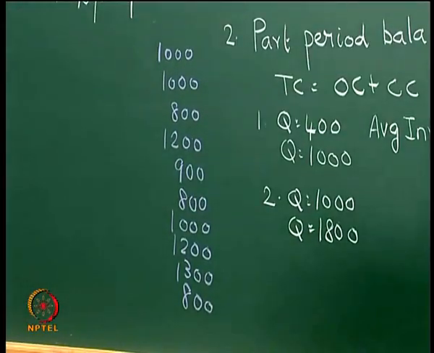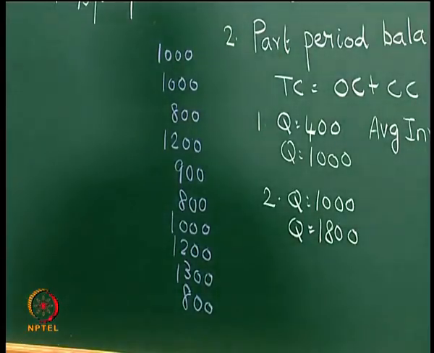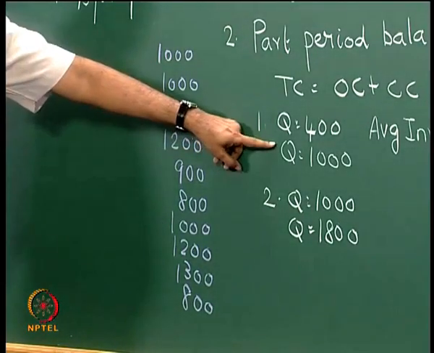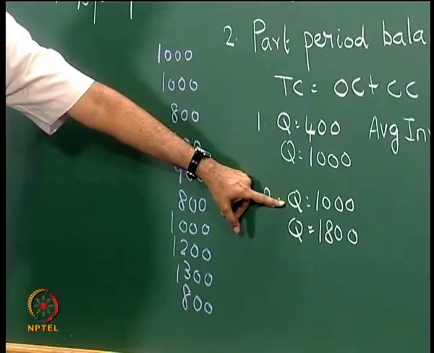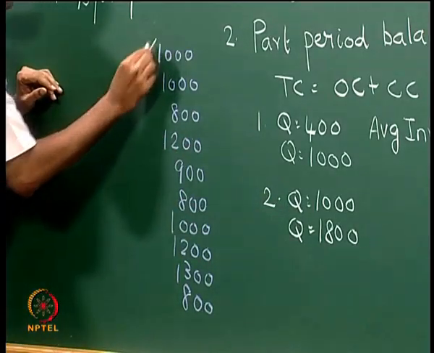So the part period balancing heuristic, two of the things that we saw: order quantity of 1000 and another order quantity of 1000, which are shown here as 1000 and 1000.